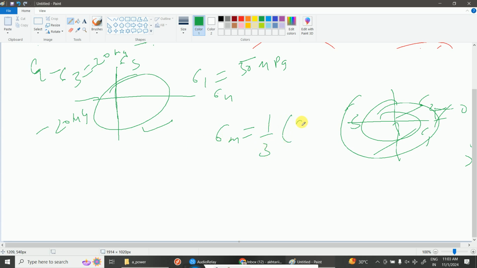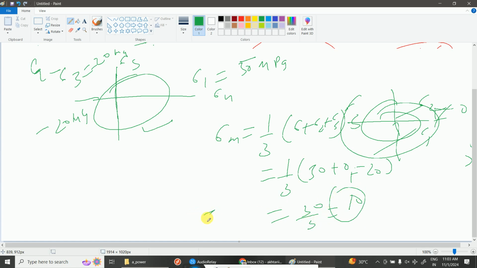So sigma m is sigma 1 plus sigma 2 plus sigma 3 upon 3, which is equal to 50 plus 0, because sigma 2 is 0, the condition is given as biaxial, and minus 20. Then 30 by 3 is equal to 10. Sigma m is 10.